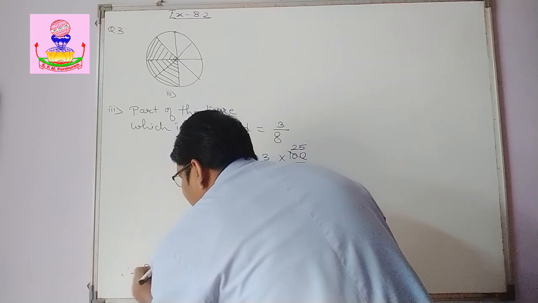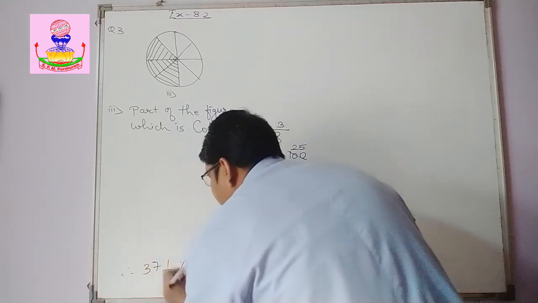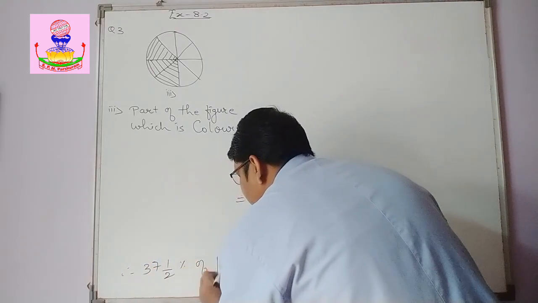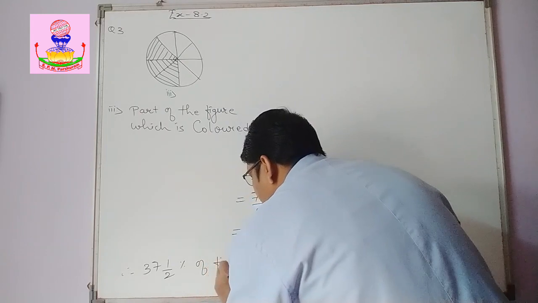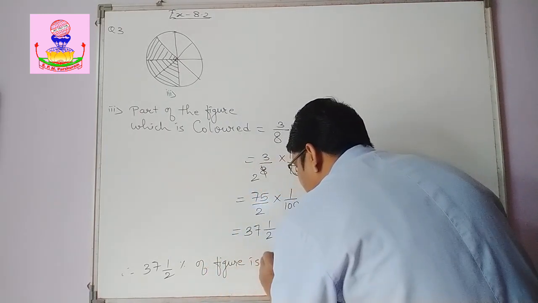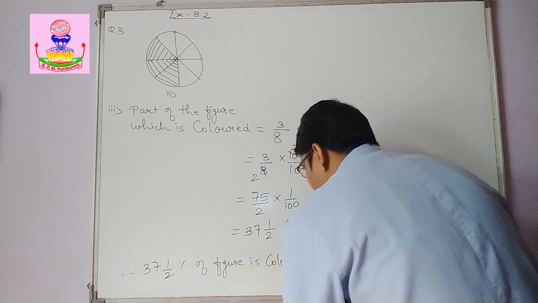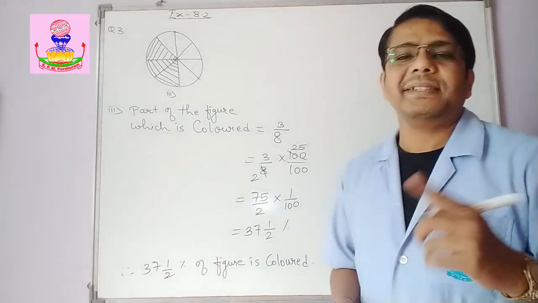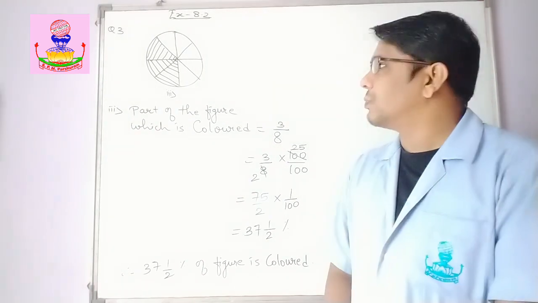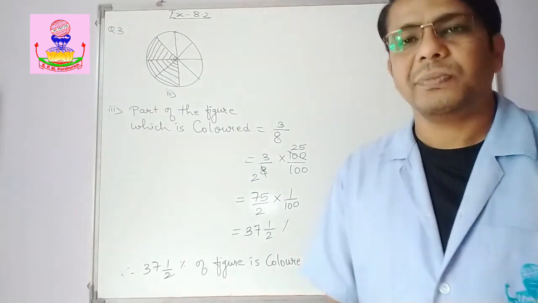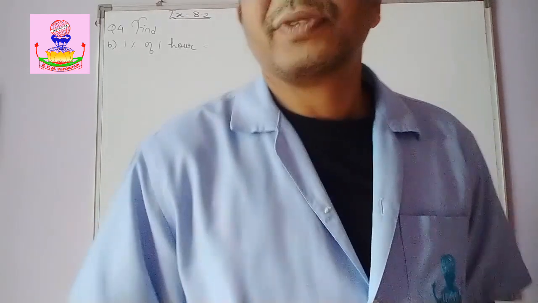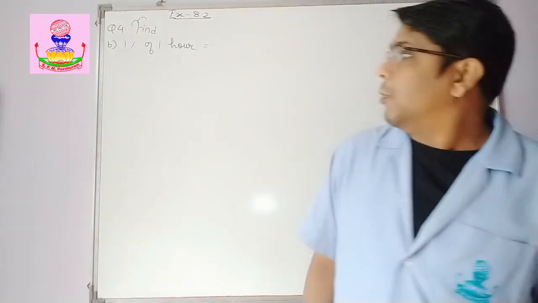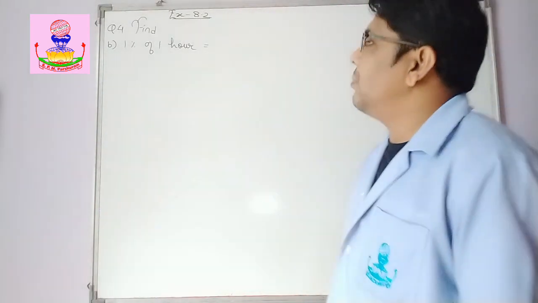Okay, so therefore 37.5% of the figure is colored. Okay, in the same way solve first and second. Now let's move to question number 4.